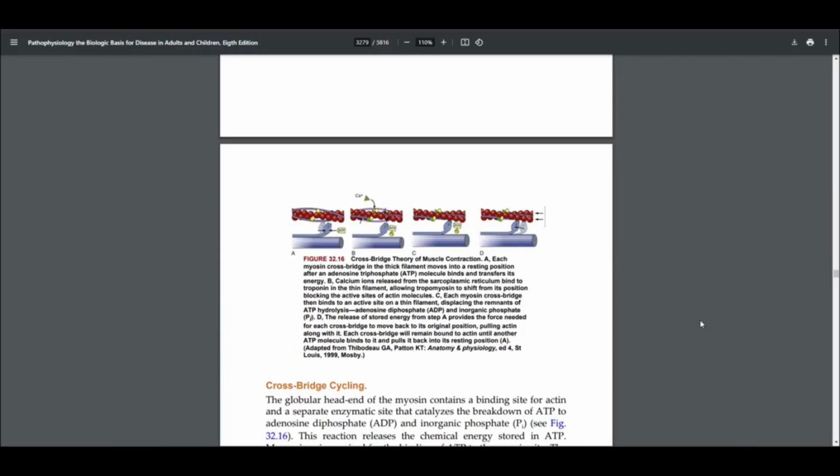Each cross-bridge will remain bound to actin until another ATP molecule binds to it and pulls it back into its resting position of part A. So what it didn't explain nicely is, in picture 1, that the ATP that moved it forward so that it can grab onto something is pushed back. And it really doesn't show it nicely even in the picture. But I guess that's what pulls it along.